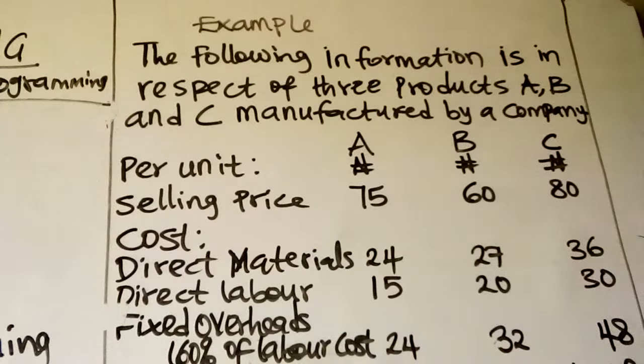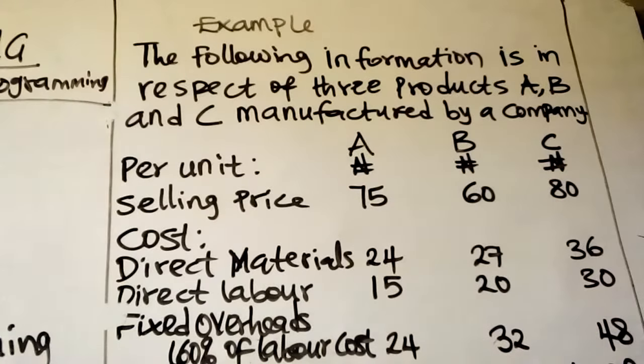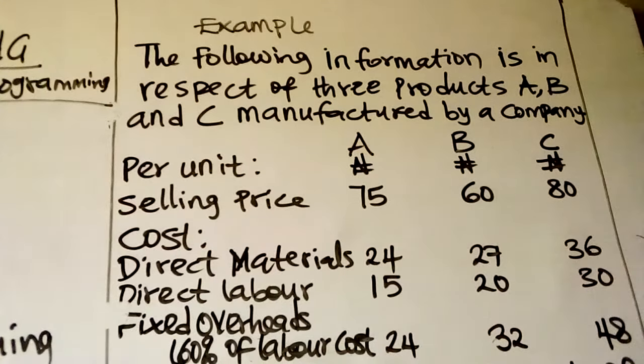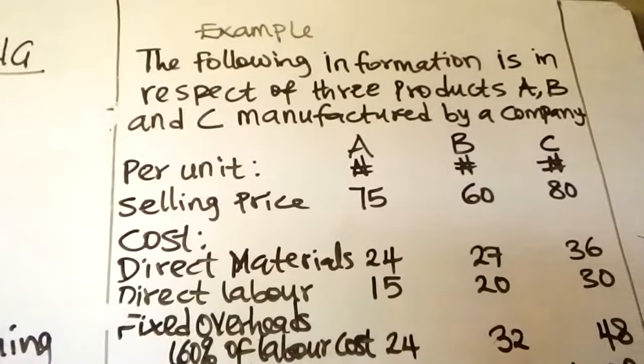You were told the following information is in respect of 3 products, A, B, and C, manufactured by a company.